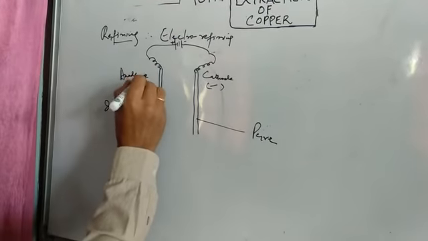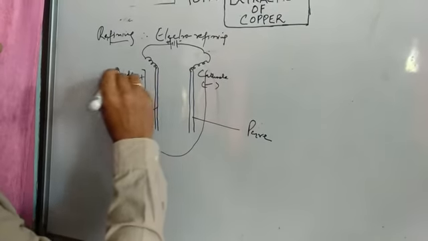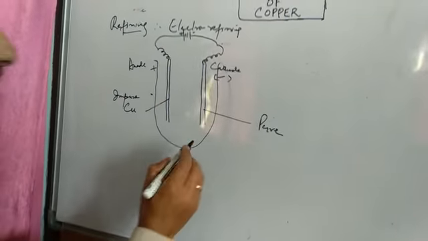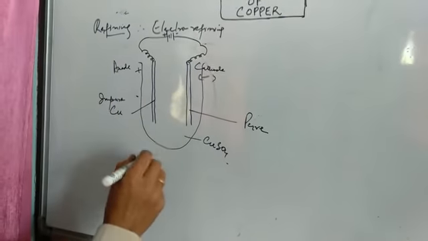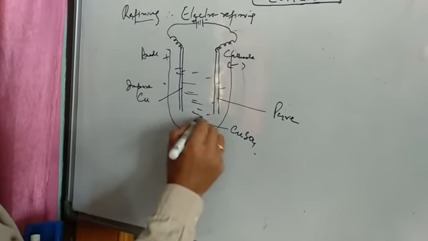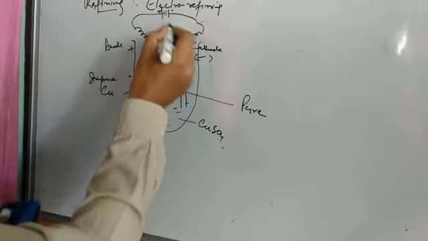Now these electrodes are dipped in a solution of the same metal. If the metal is copper, it should be a solution of copper, say copper chloride or copper sulfate. This is copper sulfate.